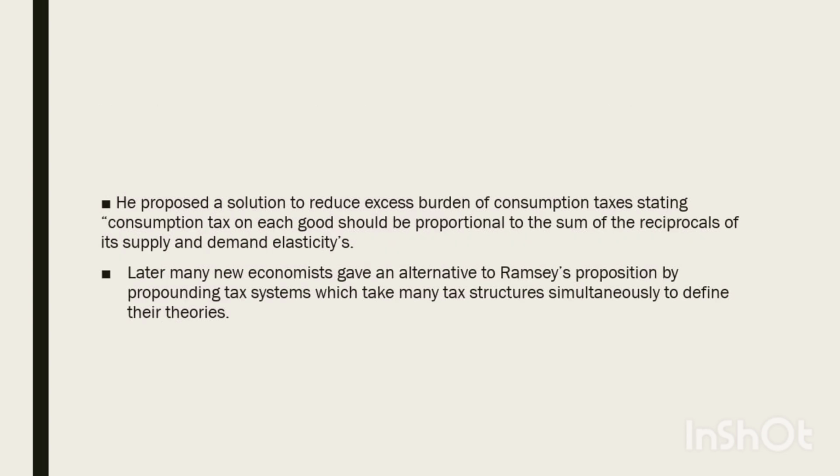Ramsey proposed a solution to reduce the excess burden of consumption taxes, stating that the consumption tax on each good should be proportional to the sum of the reciprocals of its supply and demand elasticities. Later, many new economists gave an alternative to Ramsey's proposition by propounding tax systems which take many tax structures simultaneously to define their theories.